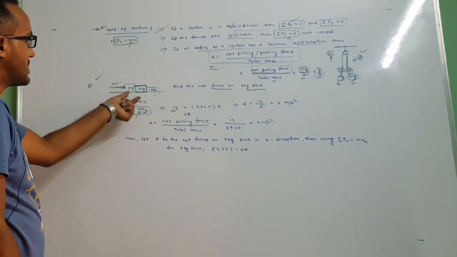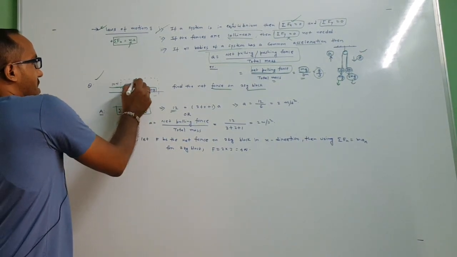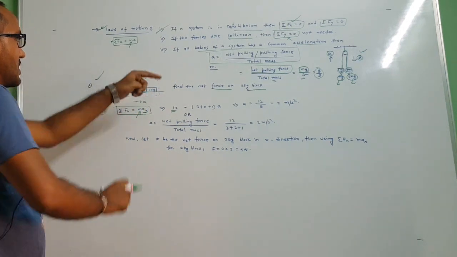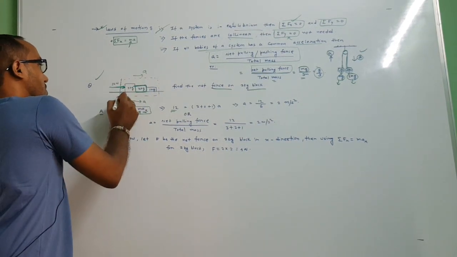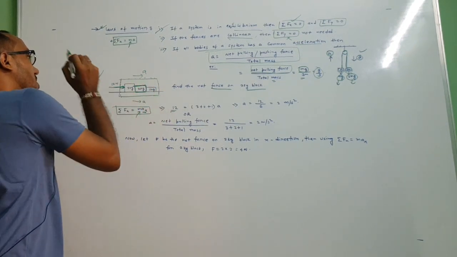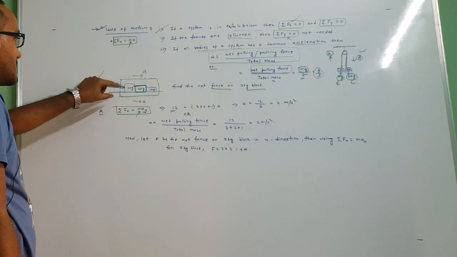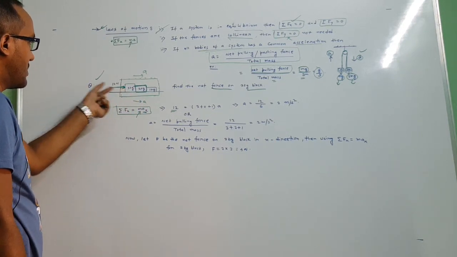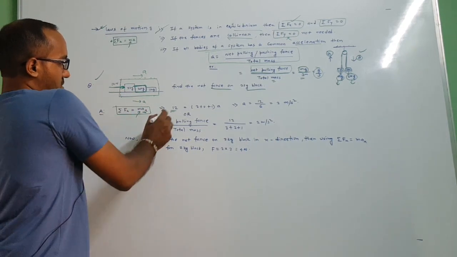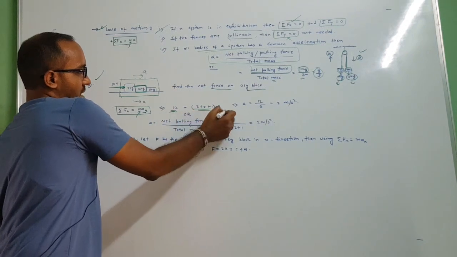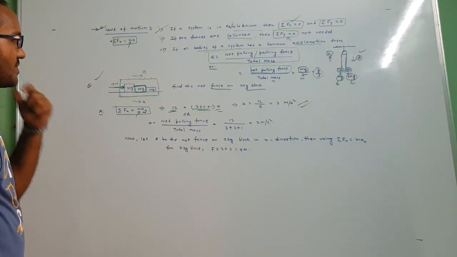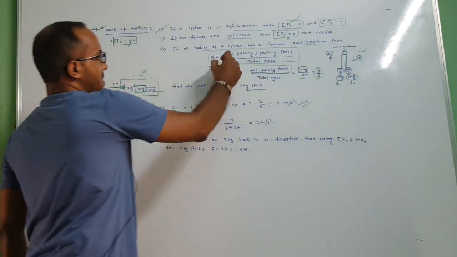What is total mass? 3 plus 2 plus 1, and let us say we have assumed that the acceleration of the whole system is A. If you make this one block as a system, this system has acceleration A, mass is 6 kg, and you have applied a 12 Newton force. So 12 Newton equals mass into acceleration. From this you can get acceleration as 2 meter per second square.